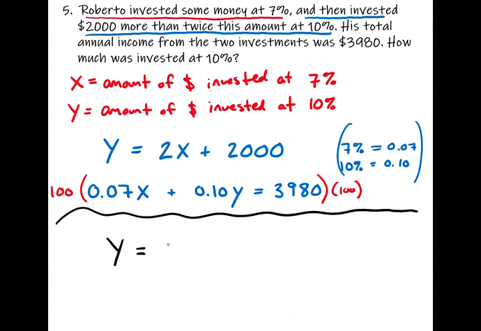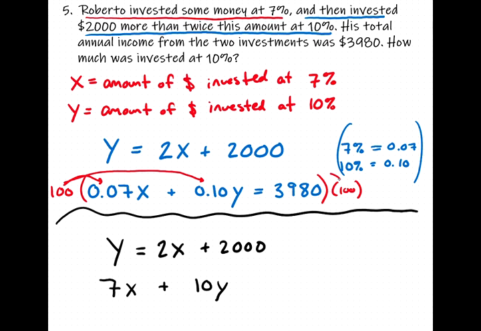Y equals 2x plus 2,000 is equation number 1. And 7x plus 10y, so when we multiply by 100, becomes a 7 and a 10, and then we multiply the right side as well. So that should equal 3,980 with 2 more zeros because we multiplied by 100.